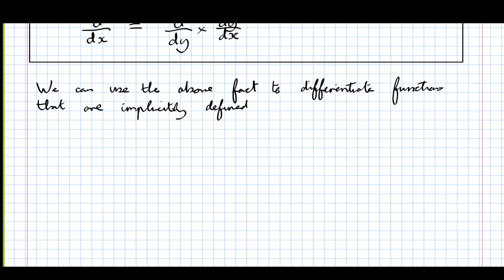So let's do an example, e.g., let's say x squared plus y squared equals 45, equation of a circle.